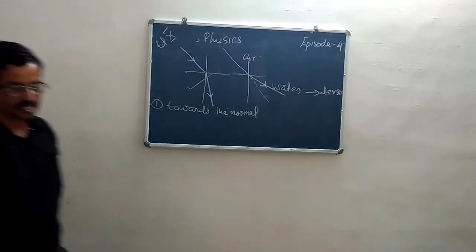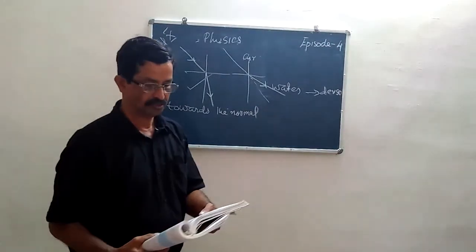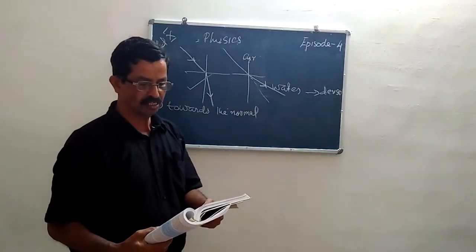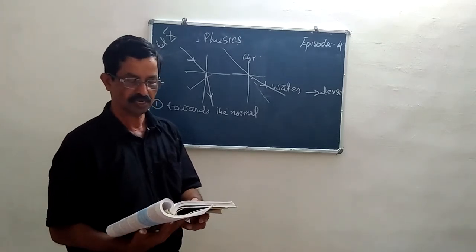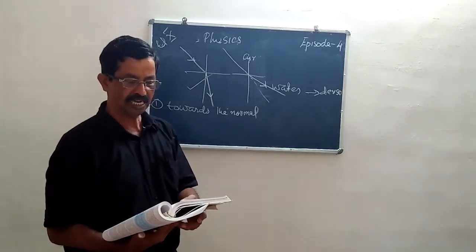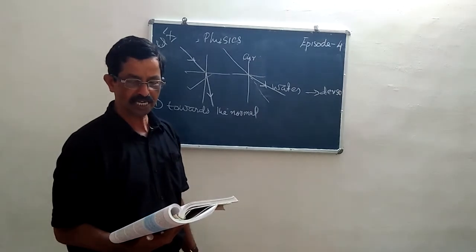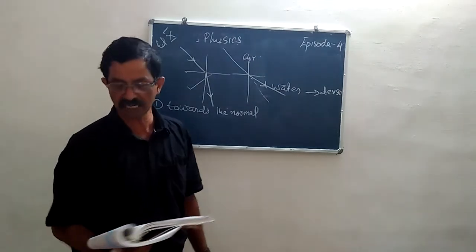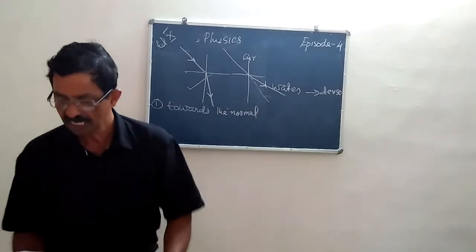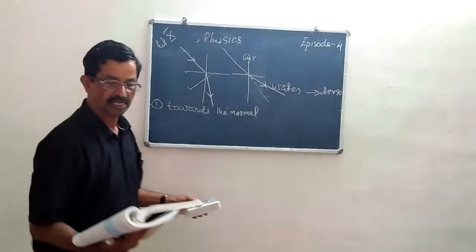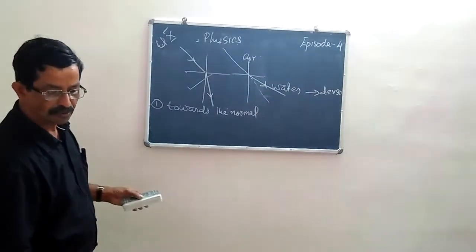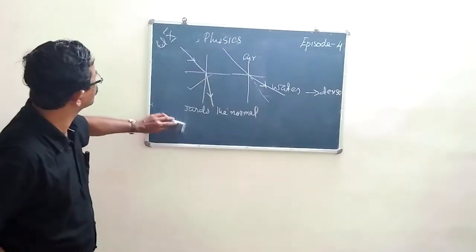Okay. And the second question given for you. Light enters from air to glass having a refractive index of 1.50. What is the speed of light in glass? The speed of light in vacuum is 3 into 10 raised to 8 meter per second. See, light enters from where to where? Light enters from air to glass of refractive index 1.50.